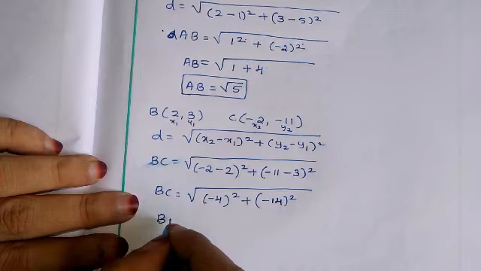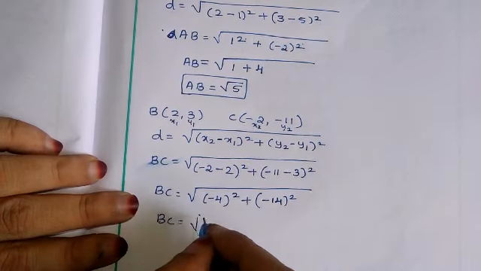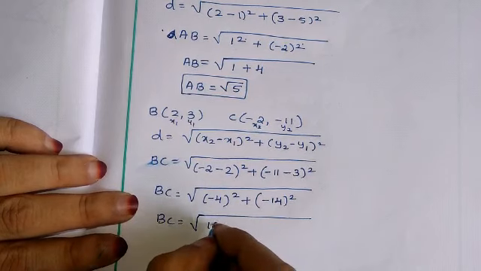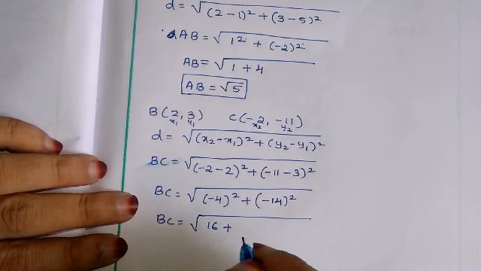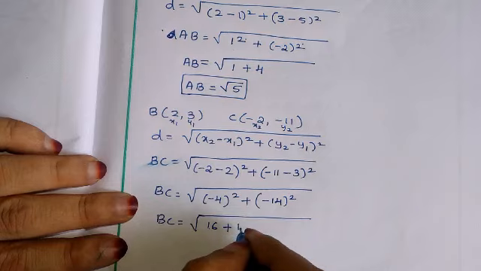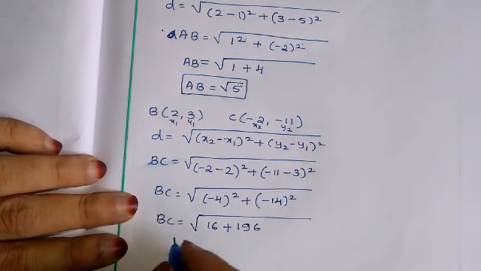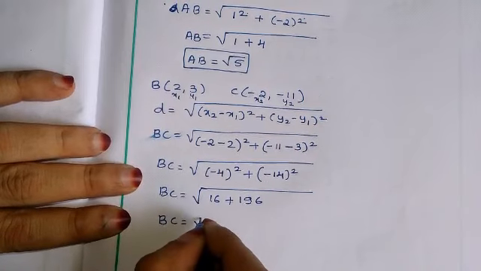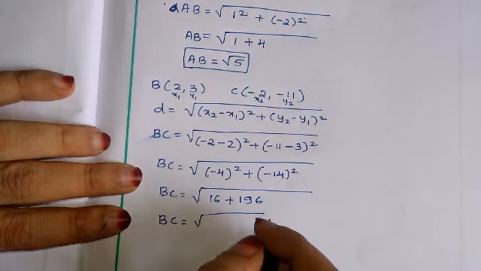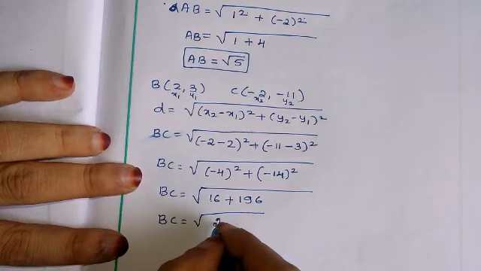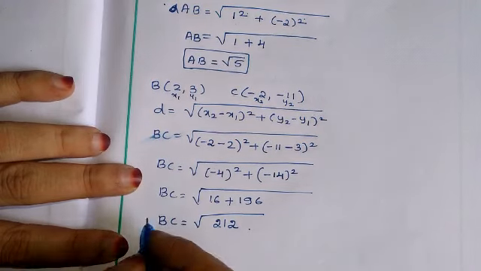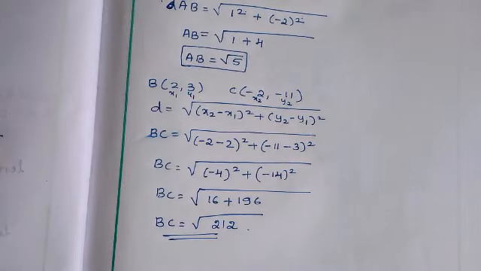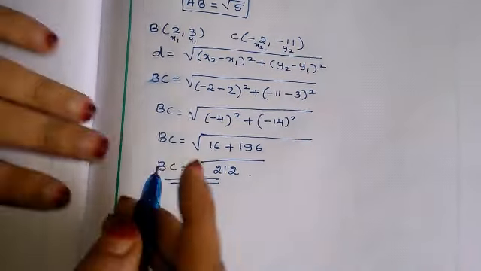Now we should know that a negative sign square is positive. 4 square is 16, minus 4 square is 16. 14 square is nothing but 196. So BC is equal to root of 196 plus 16, which is nothing but 212. So this is BC.